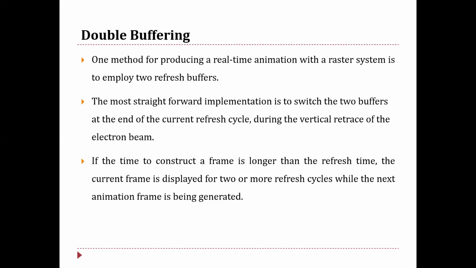Irregular animation frame rates can occur with double buffering when the frame construction time is very nearly equal to an integer multiple of the screen refresh time. The animation frame rate can change abruptly and erratically. One way to compensate for this effect is to add a small time delay to the program.